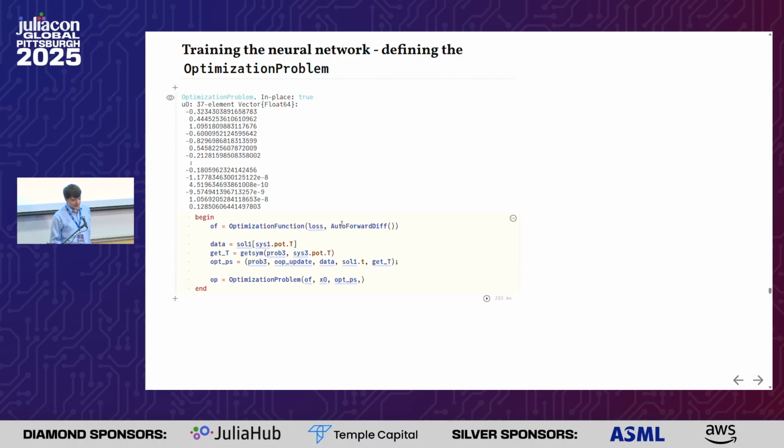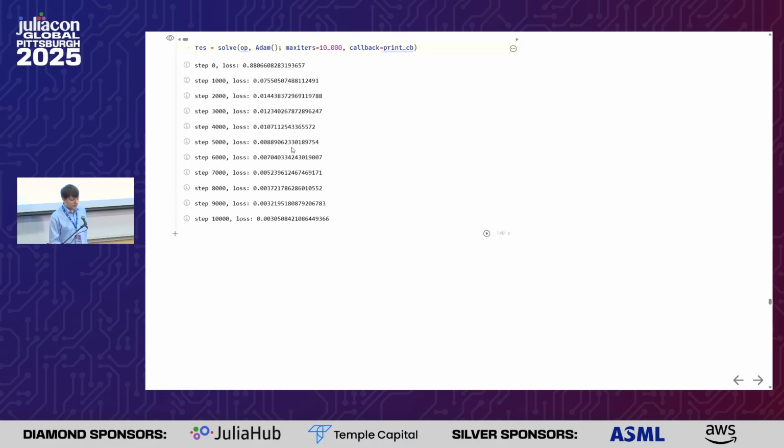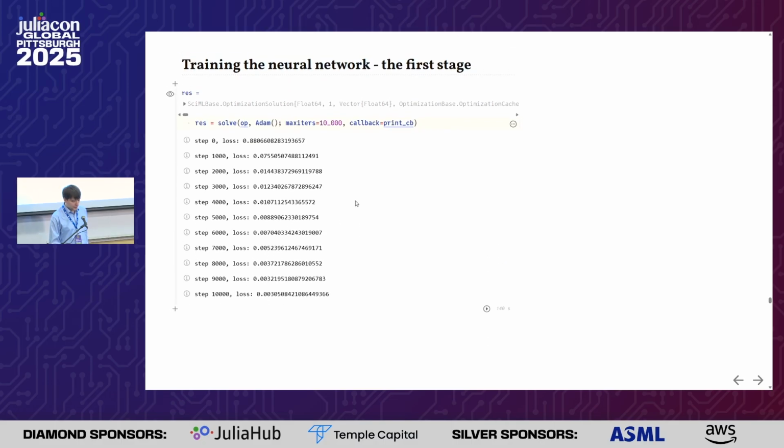Now we can train this in a two-stage manner. First, we will do some iterations with Adam, and we can see here that the loss is decreasing.